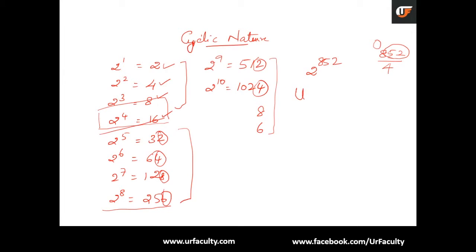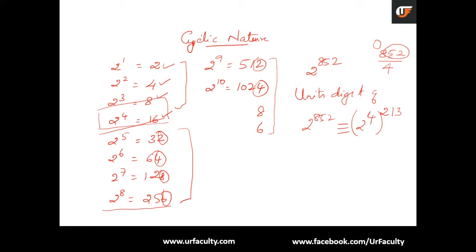So the units digit of 2 power 852 is equal to that of 2 power 4, because 4 into 213 is equal to 852.